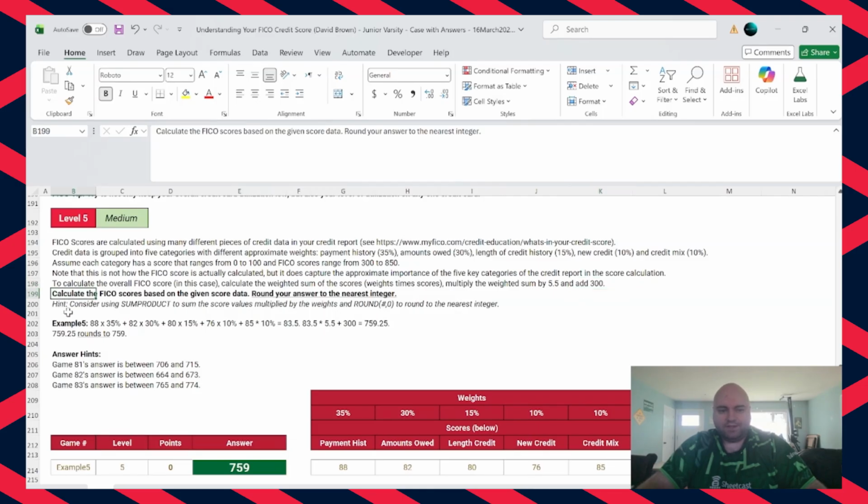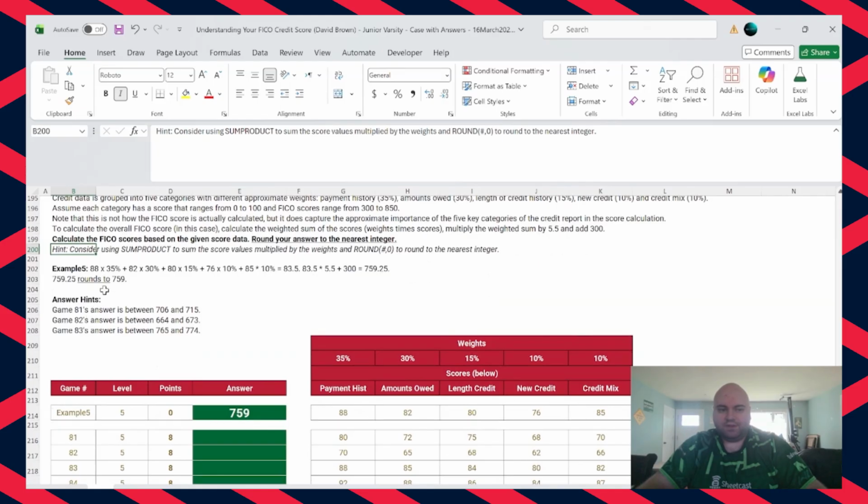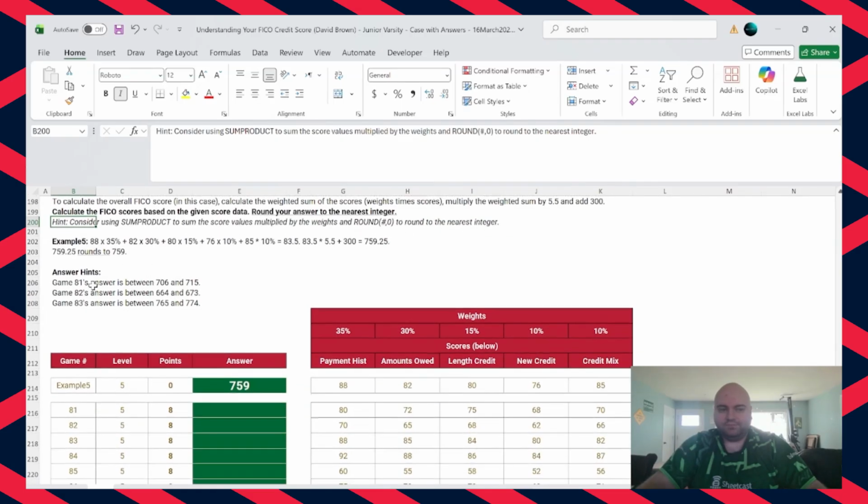Calculate the FICO score based off of the given score data. Round your answer to the nearest integer. So we will be rounding. It says, hint, consider using SUMPRODUCT to sum the score values multiplied by the weights and round to the nearest integer. So they give very clear instructions on what to do here.